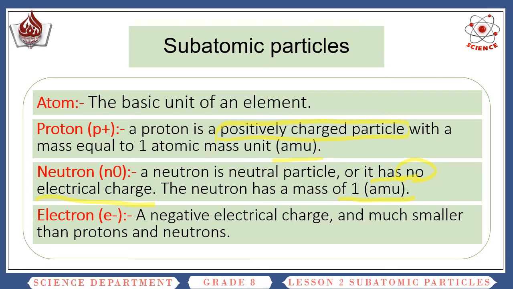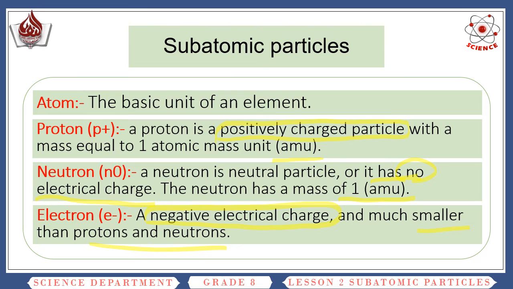Next and last, we have the meaning of electron. Electron is a negatively charged particle, but not with the same mass as proton and neutron. It is much smaller than both.